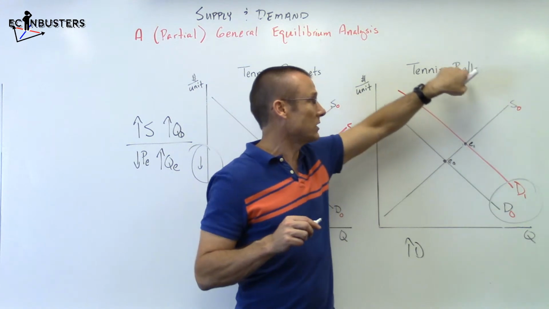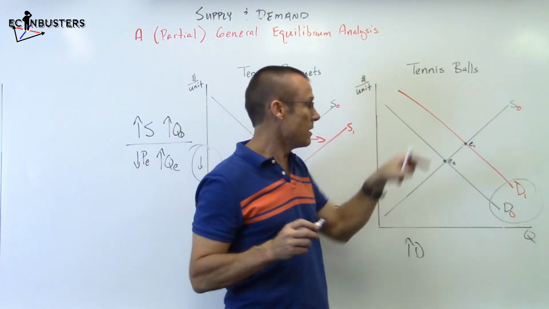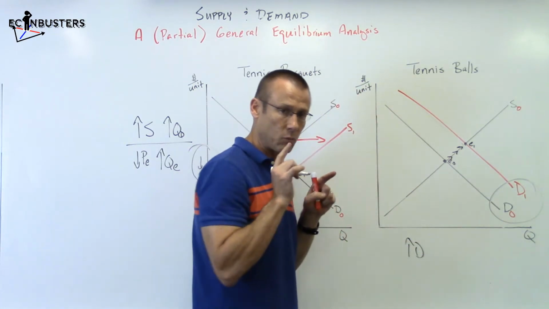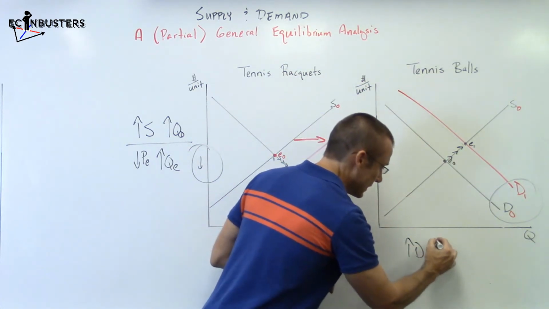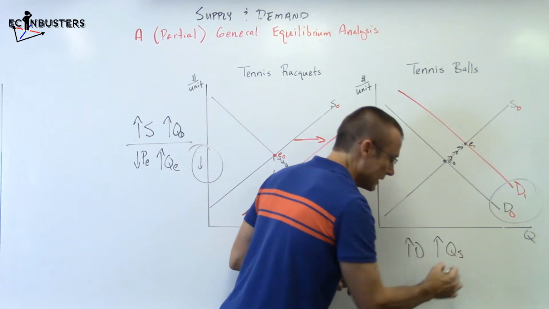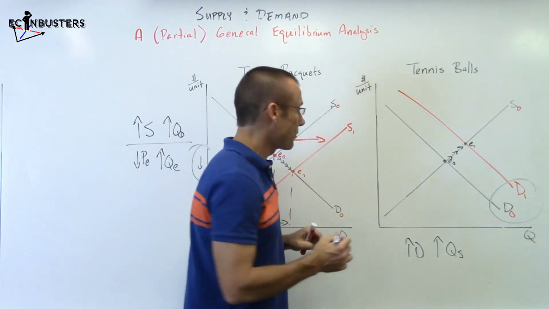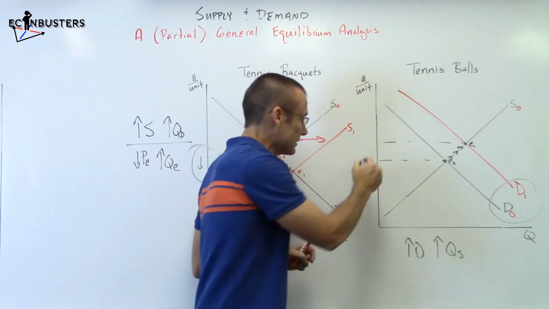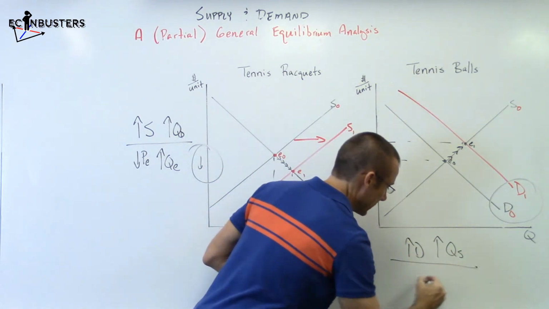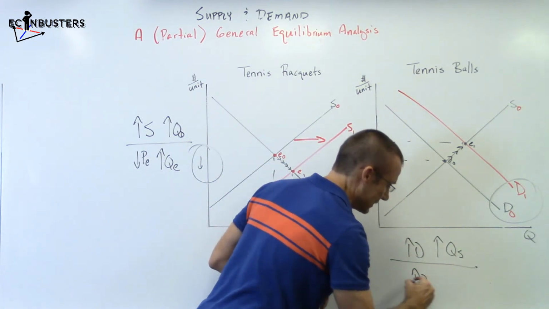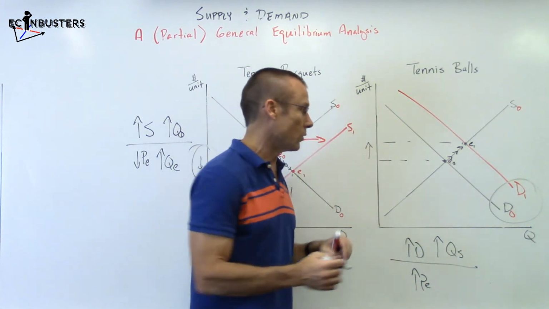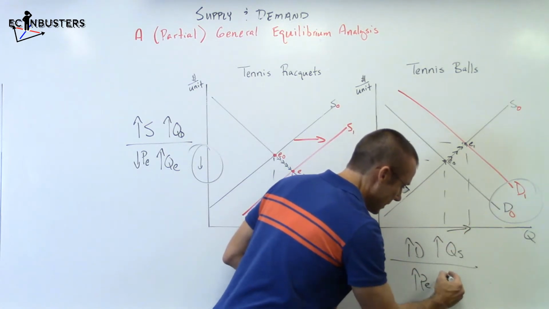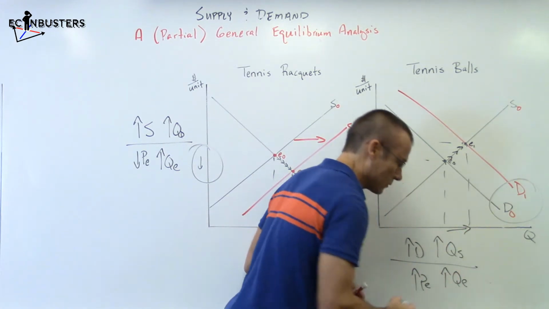Supply did not change in this market, but there was absolutely an increase in quantity supplied. We're moving to the right. That's an increase in quantity supplied. What happened to price? Well, we can see price measured on the vertical axis has gone up. So we're going to get an increase in price equilibrium. And also, an increase in the quantity equilibrium.